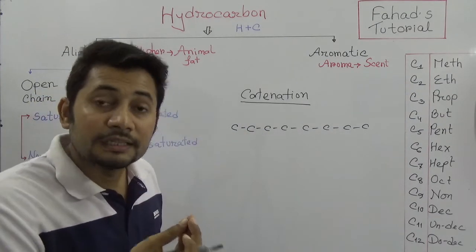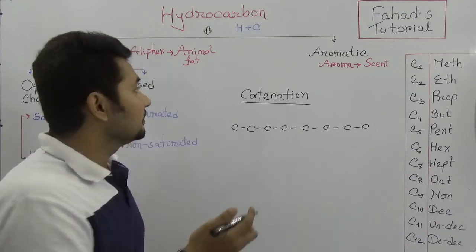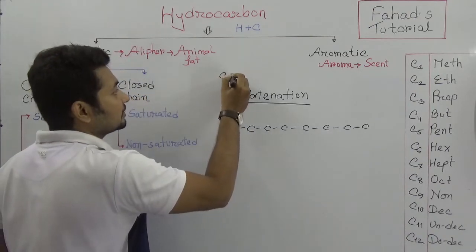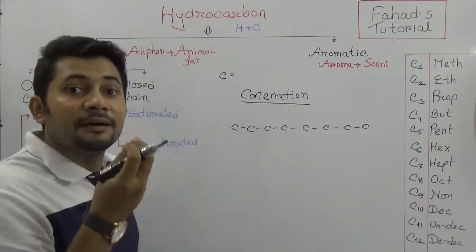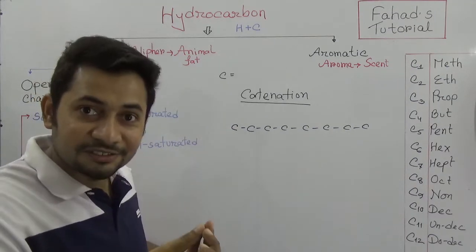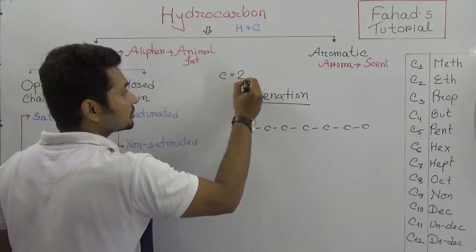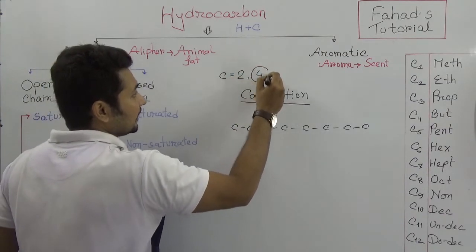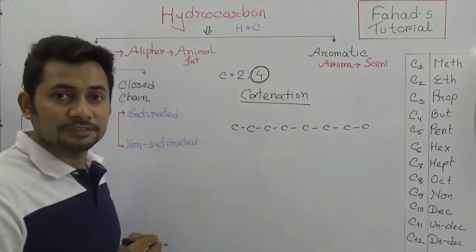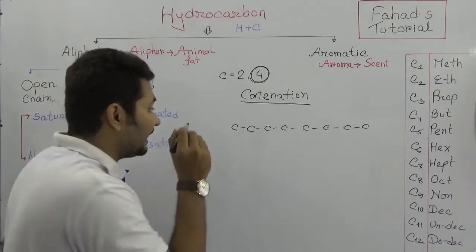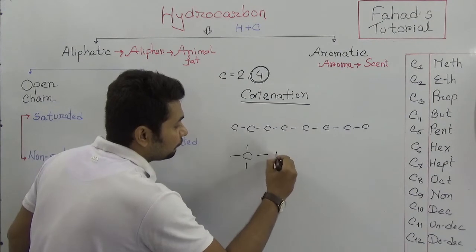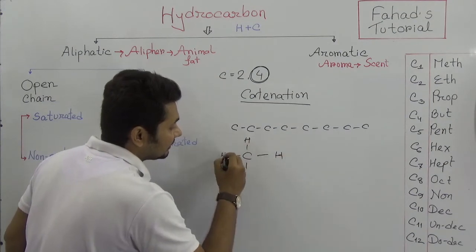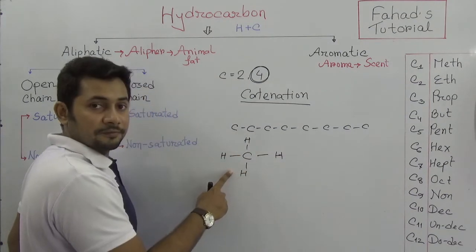We know that carbon is in group number 14, and there are 6 protons and 6 electrons in carbon. So the outermost shell has 4 electrons. So carbon can combine with 4 hydrogen, and that is methane.